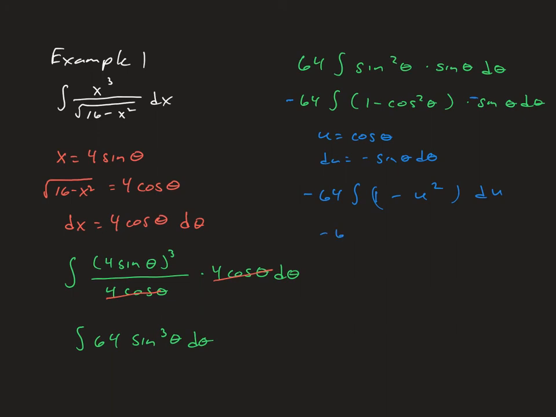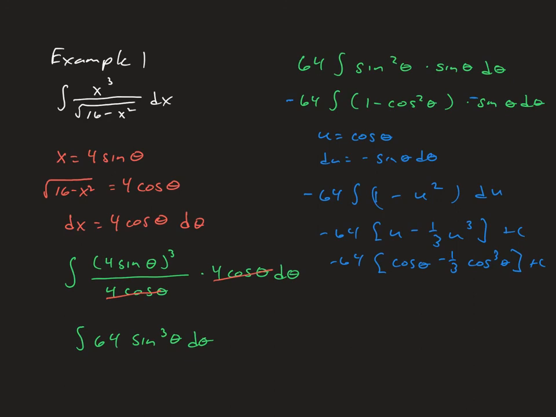That's going to be negative 64 times u minus 1/3 u cubed plus c. Replacing u with cosine, I get negative 64 times cosine theta minus 1/3 cosine cubed theta plus c.